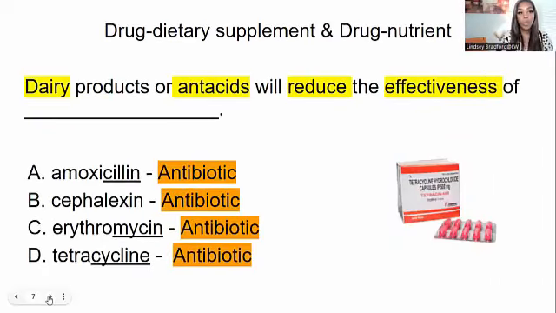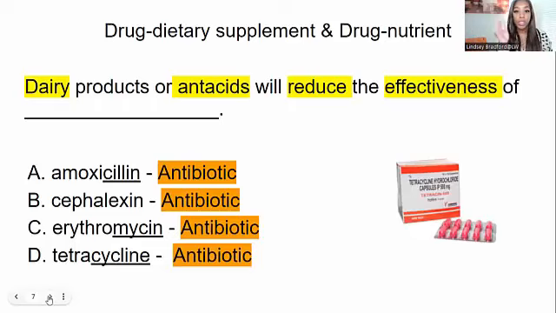Drug dietary supplement and drug nutrition. Drug dietary supplements can be like an iron pill, vitamin C, vitamin D, any of those over-the-counter vitamins that people take to put back in their bodies what they're not getting from their food, right?